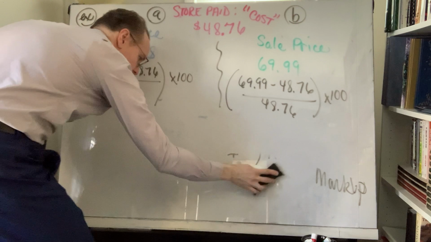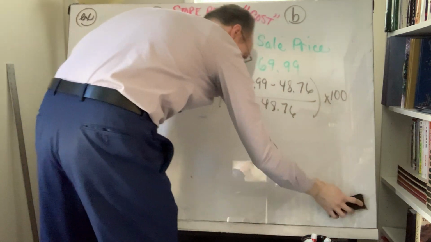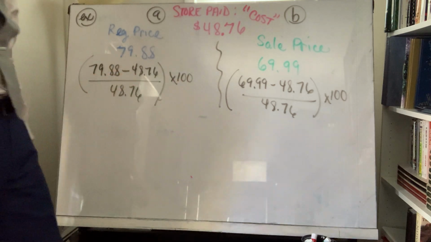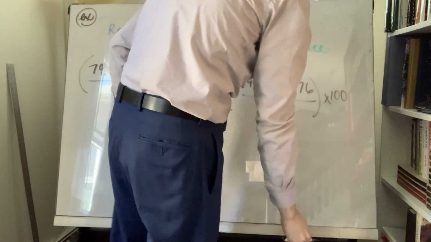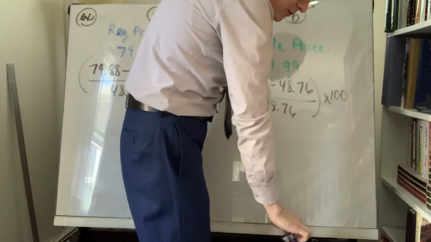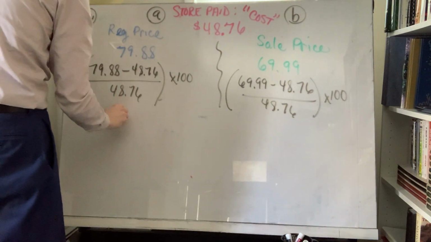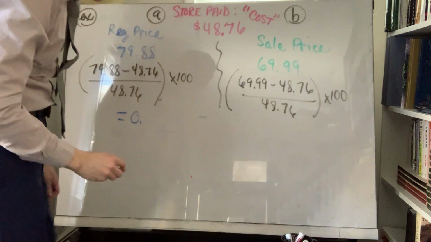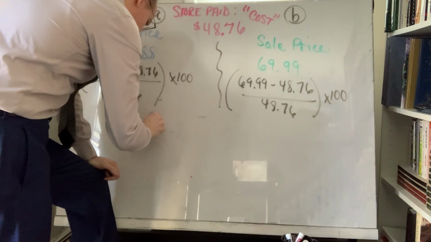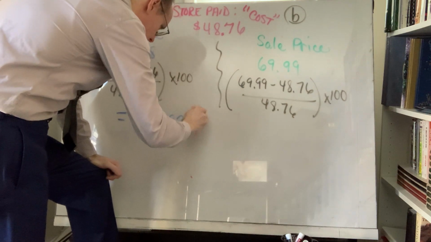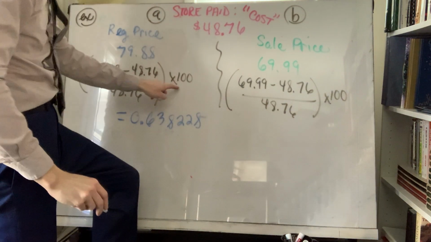And remember, you must do the subtraction first, because you have to have one number on top divided by one number on the bottom. That supersedes anything else. And the result should be these two things. You get 0.63828, whatever it is, times 100.